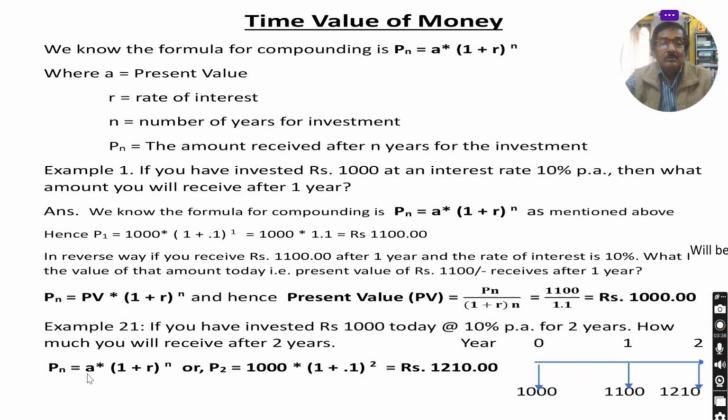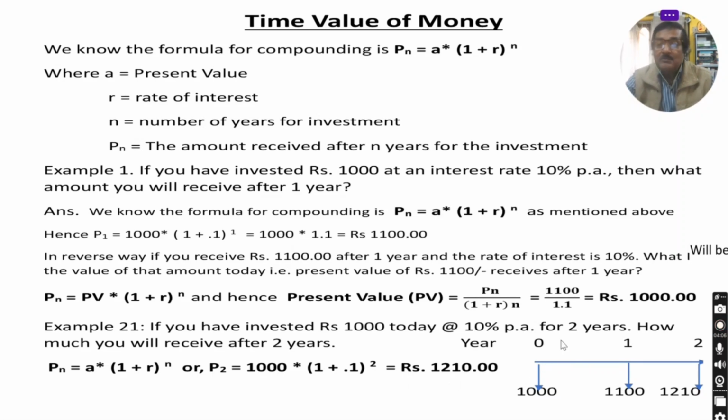Again, you have to put the values in this compounding formula. Pn means P2, that means the amount you will receive after 2 years. Present value, you are investing rupees 1000, rate of interest 0.1, to the power 2, and the amount will be 1210. You can calculate it, then you will get this value.